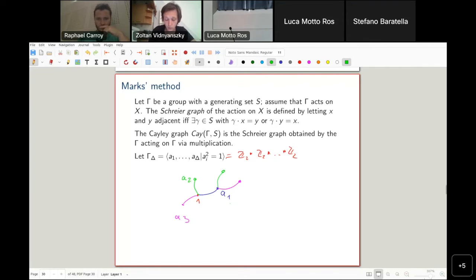But if I use A1, I just go back, so I don't get a new edge. So if you draw this graph, it's going to be really a 3-regular tree. Okay, so it grows.